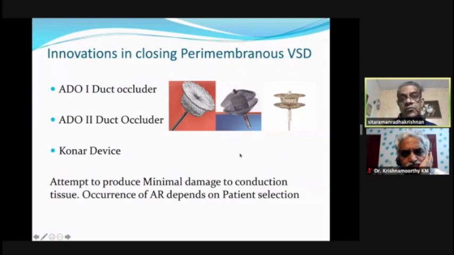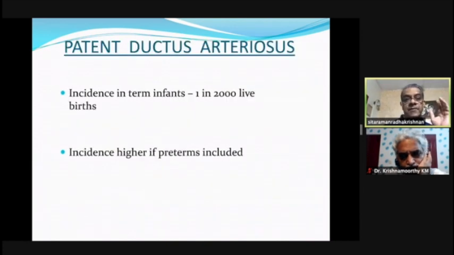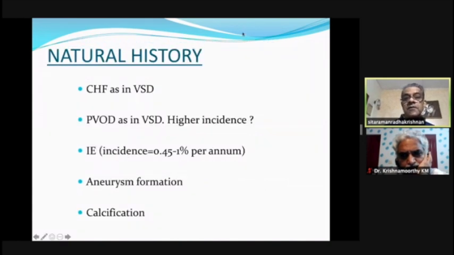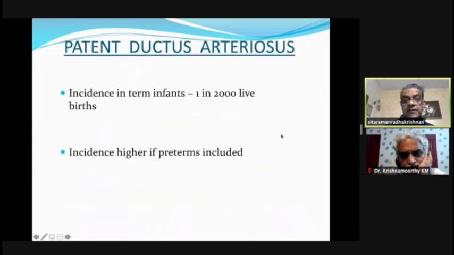So it is being used to close these small or moderate size ventricular septal defects. Occurrence of aortic regurgitation depends on patient selection, which I will tell you is purely by echocardiography. So one can actually predict aortic regurgitation if you're not very careful. So I'll come to the echo part of it later.